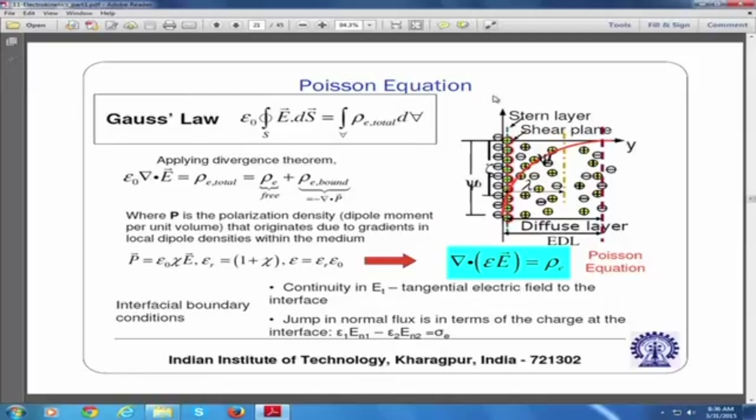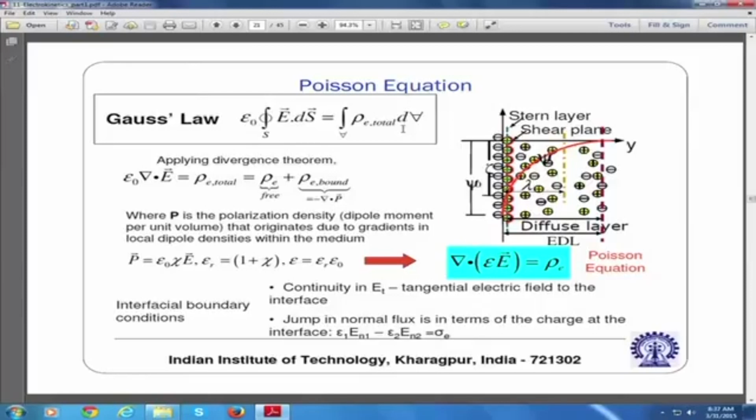So Gauss law. Gauss law in an integral form is like this: the contour integral of the electric field E dot dS is equal to the integral of rho e total dV over the volume, where rho e total is the total volumetric charge density.